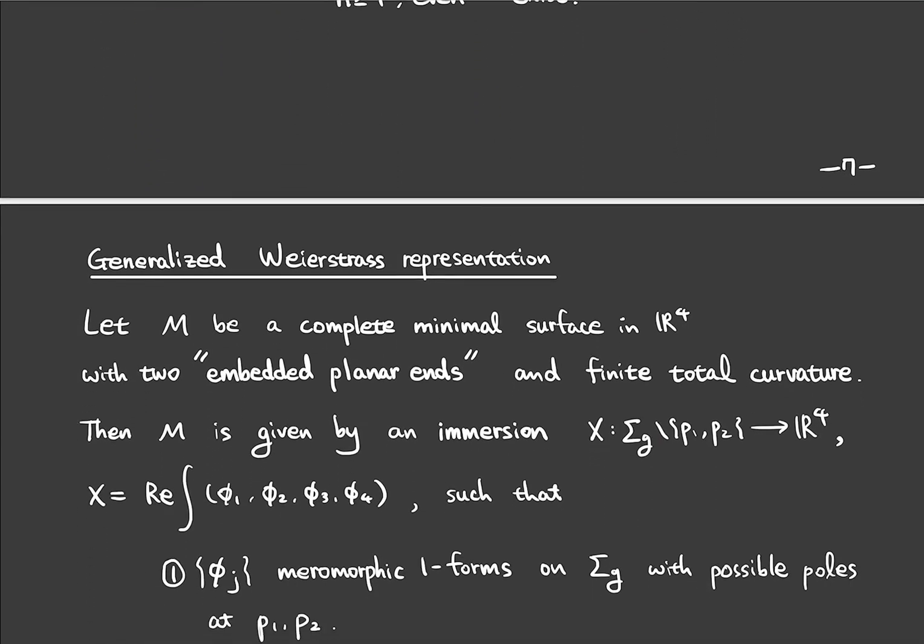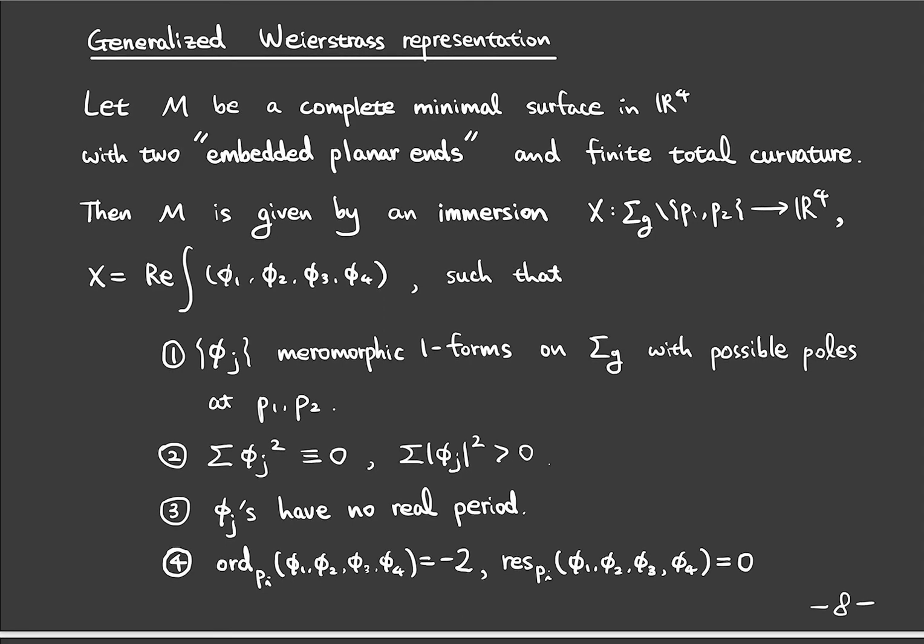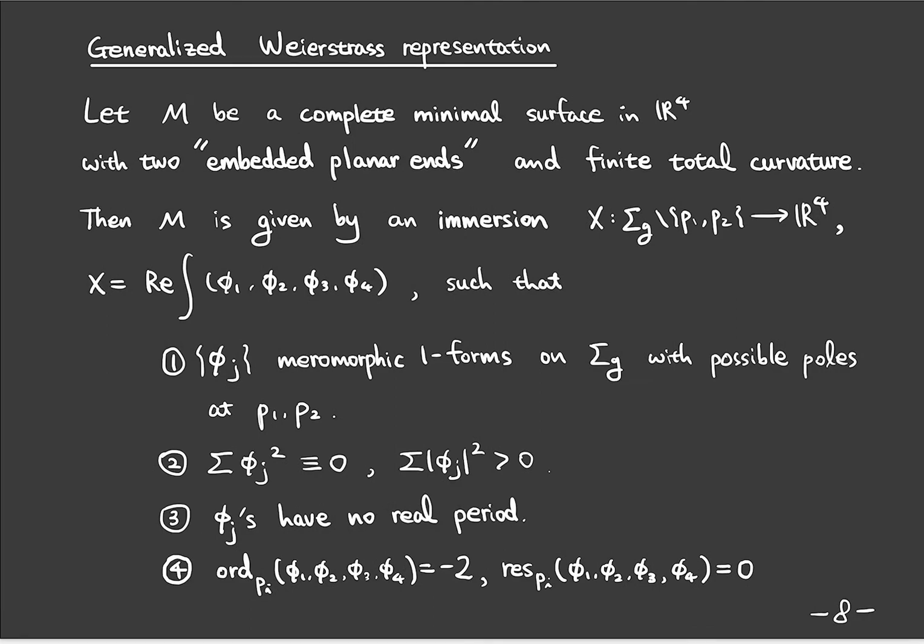Okay, now let M be a complete minimal surface in R4 with two embedded planar ends and finite total curvature.